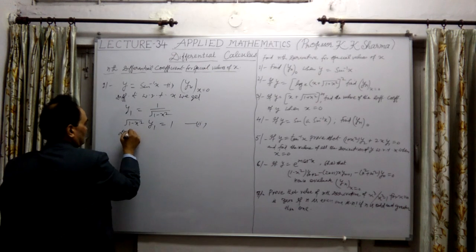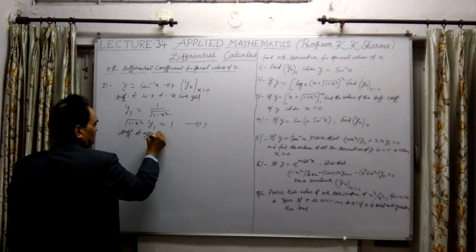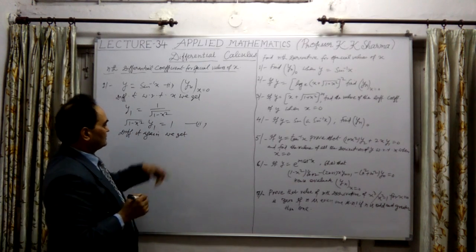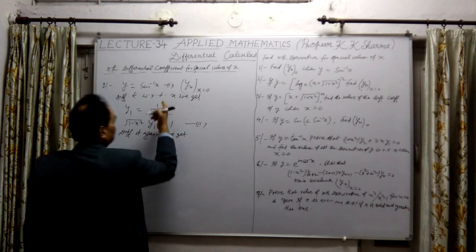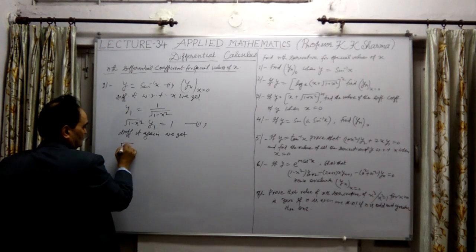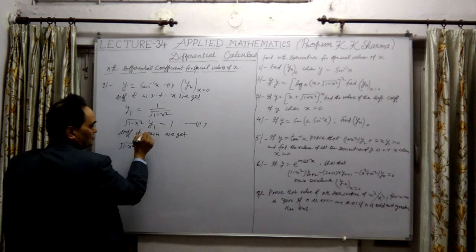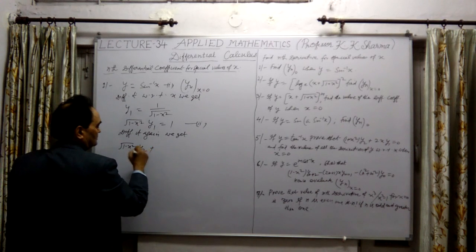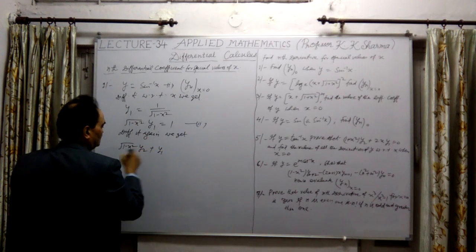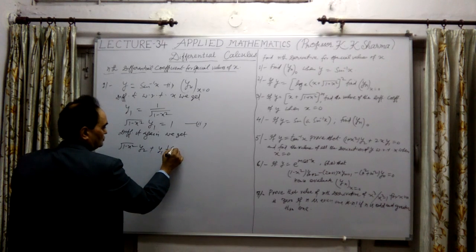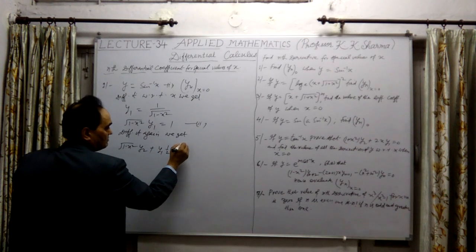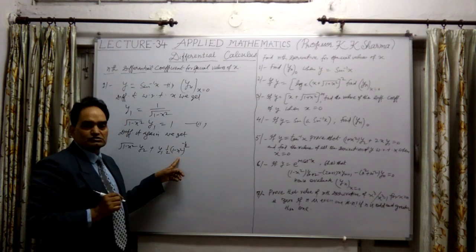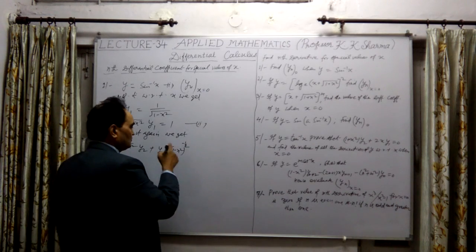Now differentiating it again with respect to x. This is under root 1 minus x square as it is, times the differentiation of y1, which is y2, plus y1 as it is, times the derivative of (1 minus x square) to the power half, which is 1 upon 2, (1 minus x square) to the power half minus 1, that means minus half, into the derivative of 1 minus x square, because 1 minus x square is not x and we have to differentiate it again.